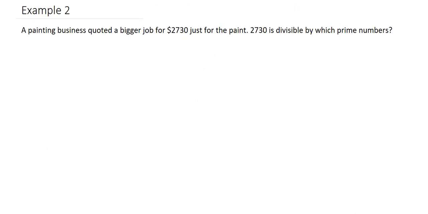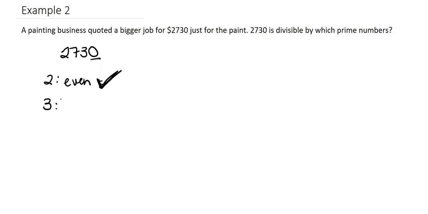Example 2: a painting business quoted a bigger job for $2,730 just for the paint. So 2,730 is divisible by which prime numbers? Well, we notice that it ends in a 0, so that means it's even. So yes, that checks out. Then we look at 3.